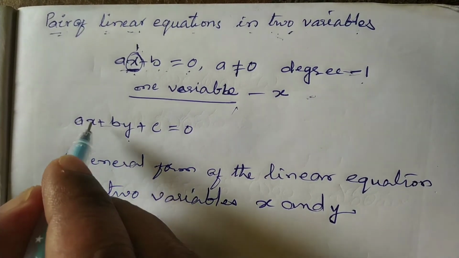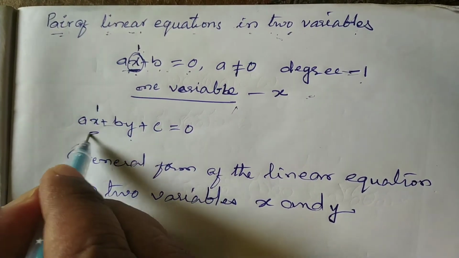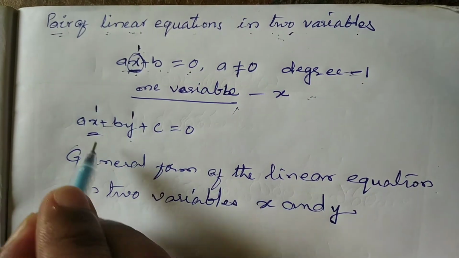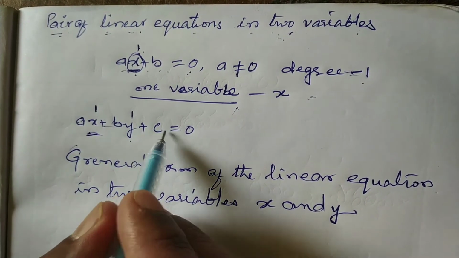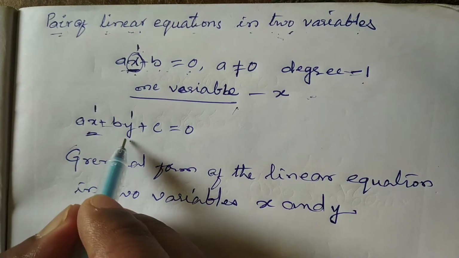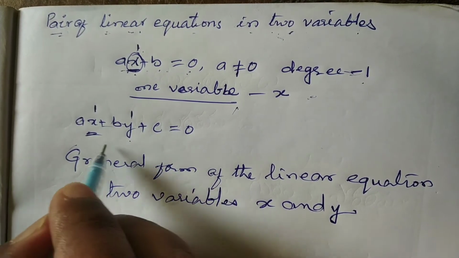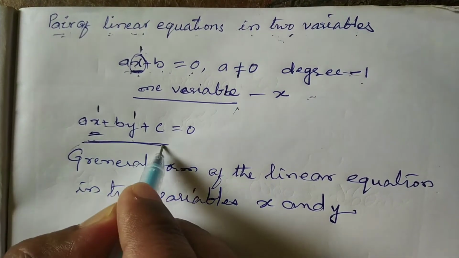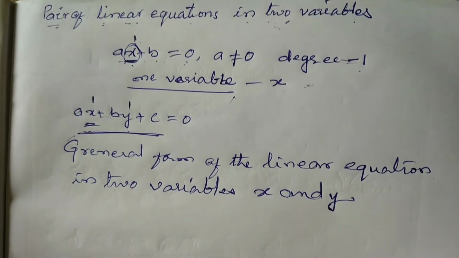See here, its exponent is 1. Okay, its exponent is 1. Therefore, the highest exponent is 1, so its degree is also 1. Therefore, it is a linear equation in two variables.